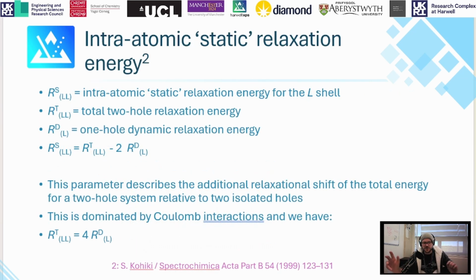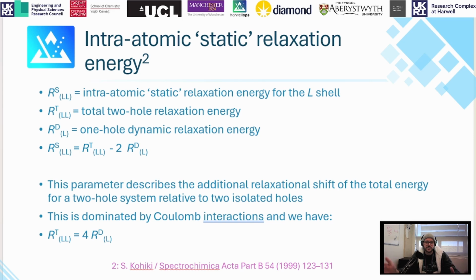Okay, so just a quick note on what the static relaxation energy term in the previous slide is referring to. We want to break this down into some of the contributing factors. So we have the total two-hole relaxation energy, the relaxation energy of the system in response to the creation of these two core holes due to the Auger process occurring as a result of the original photoemission process.